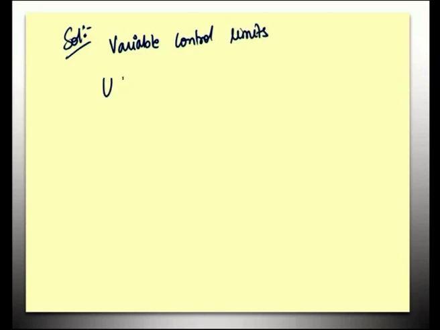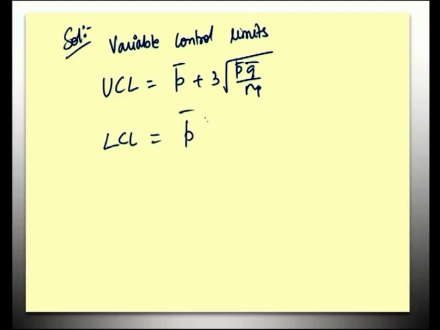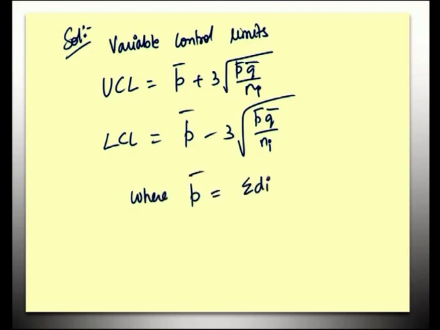The formula is UCL equals P bar plus 3 times the root of P bar Q bar by N i. Similarly, LCL equals P bar minus 3 times the root of P bar Q bar by N i, where P bar is equal to summation D i by summation N i.